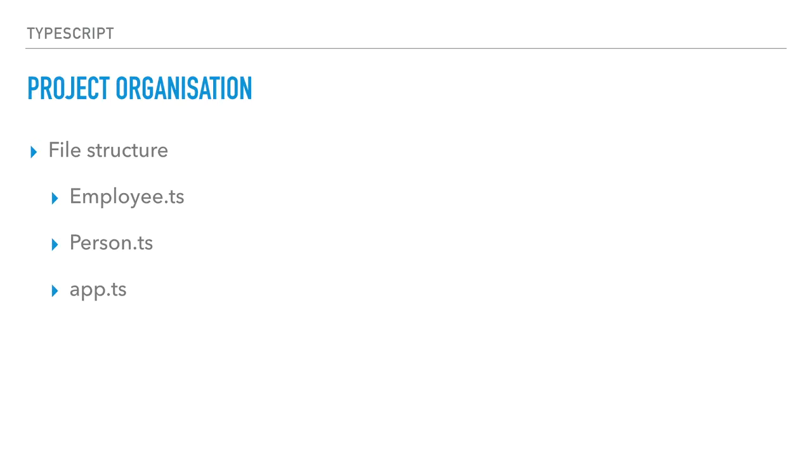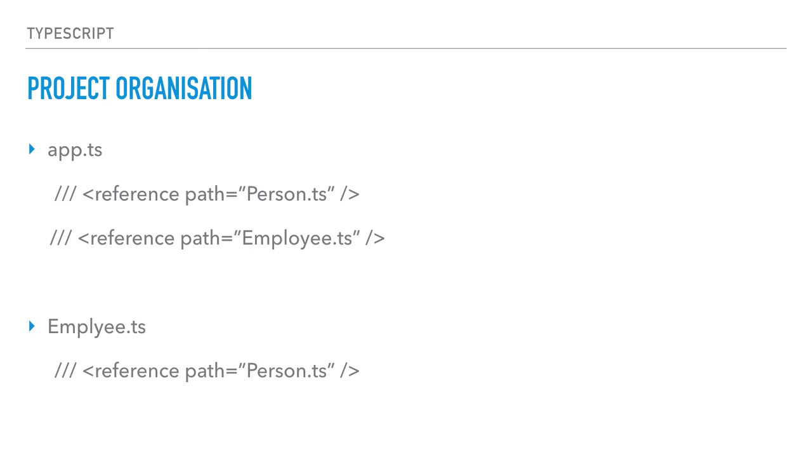So how do they relate to each other? And okay, where is the other module? Where are the references? This is a way that TypeScript provides to refer to other files and then import them. So you need to use three slashes and then use reference path, and point to the file.